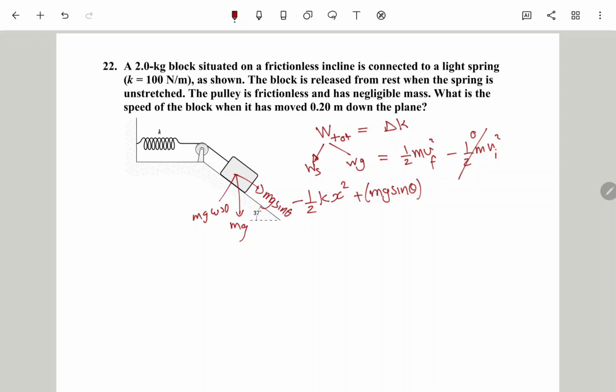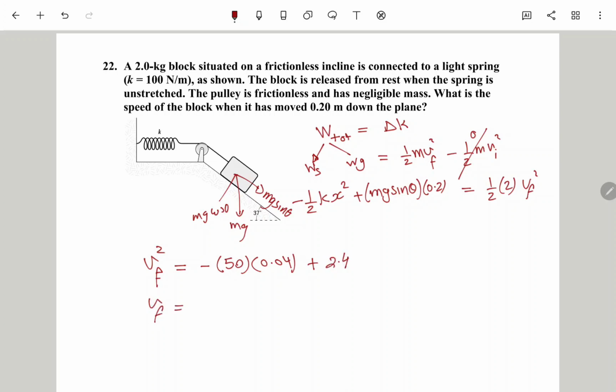Times the distance here, it's 0.2, equal to half 2 V final square. Rearrange this one here, V final square equal to minus 50 times 0.04 plus 2.4.